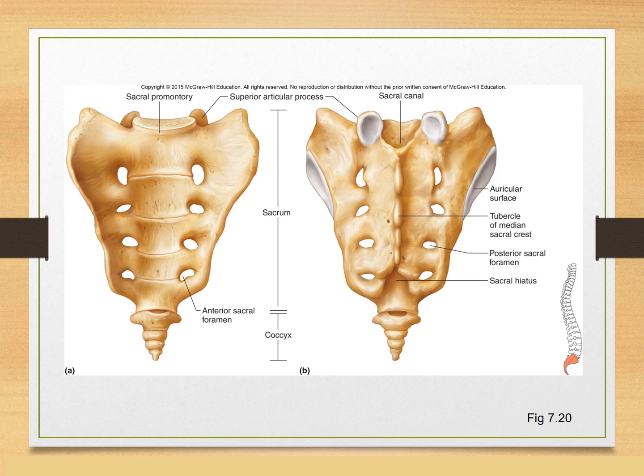Right, so here you can see the promontory like the top rim, and the little openings on the sides are the sacral foramina. You don't have to worry about whether they're posterior or anterior. We're just going to identify them as sacral foramina, and you can see the coccyx that's attached.